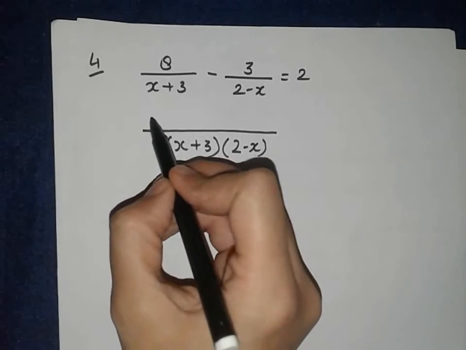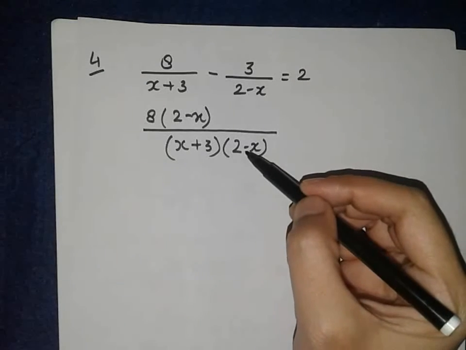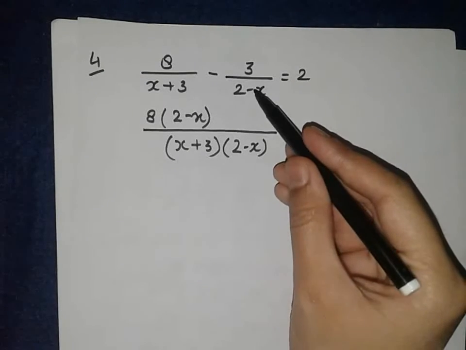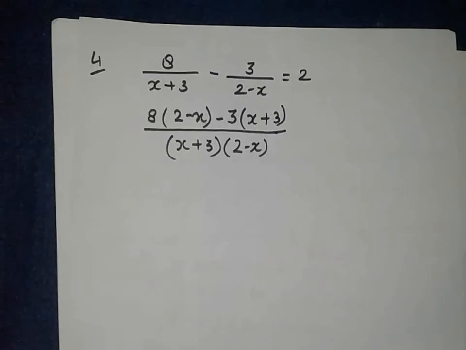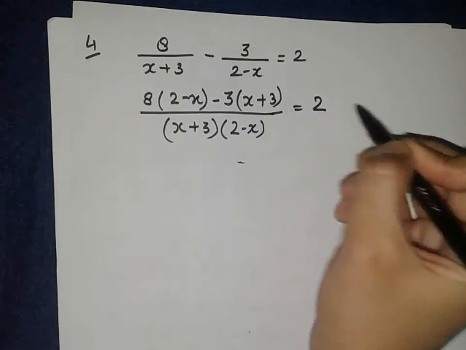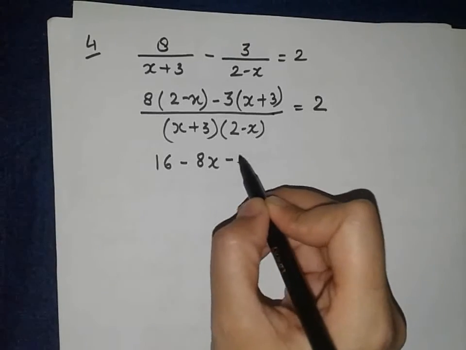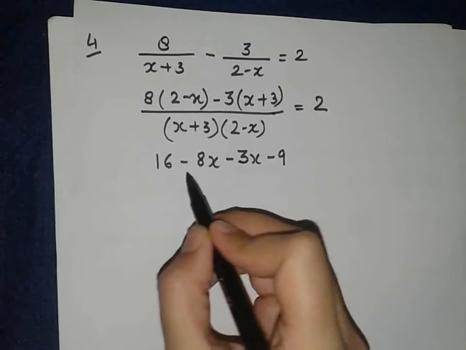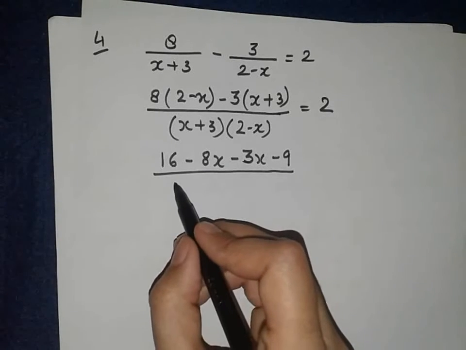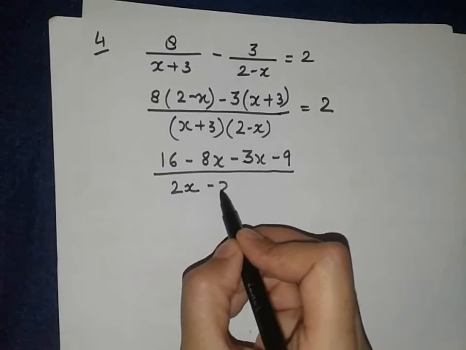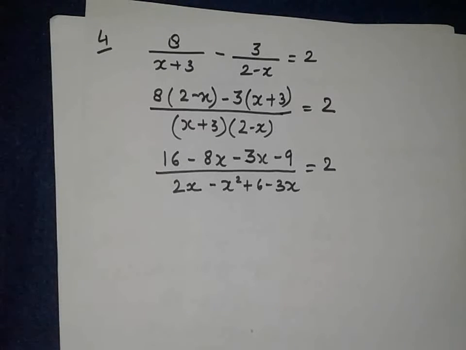Now x plus 3 is already there, so 8 will be multiplied with 2 minus x. And because 2 minus x is already present here, that is one part of the LCM, this 3 will be multiplied with x plus 3. And this is equal to 2. Opening the bracket, I get 16 minus 8x minus 3x minus 9 upon, multiplying these two brackets, the result which I am getting is 2x minus x square plus 6 minus 3x is equal to 2.